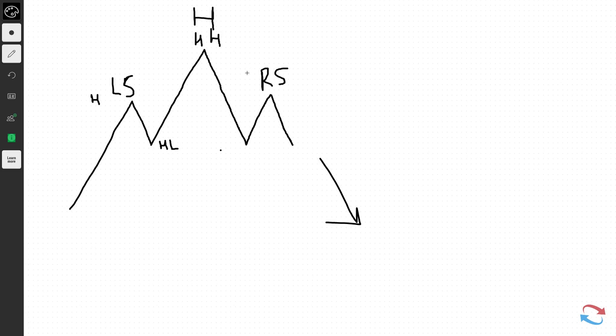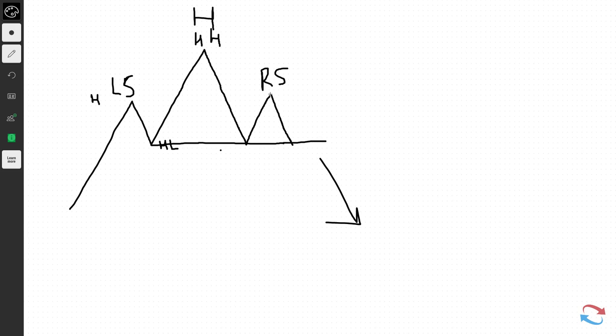And what a Head and Shoulders pattern also consists of is what we would call the neckline. Now, the neckline is drawn from the left shoulder higher low, or the pullback, to where the right shoulder begins and starts to fail.